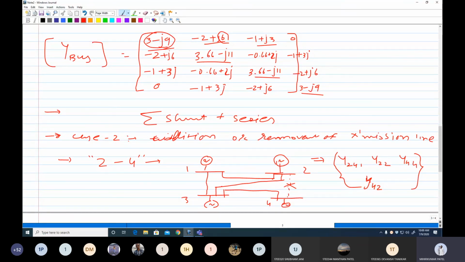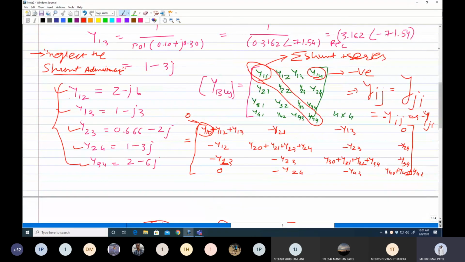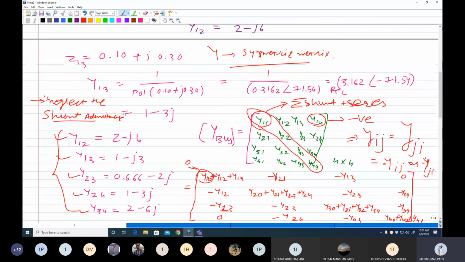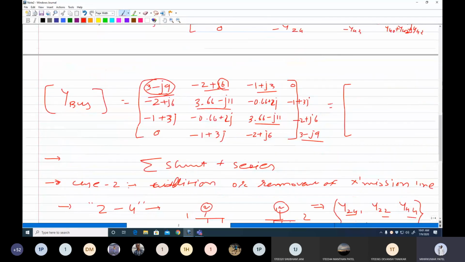Now what is the effect? If we are removing this Y24, then we have to subtract the value of these elements from our existing admittance matrix. What is the change in your existing matrix?